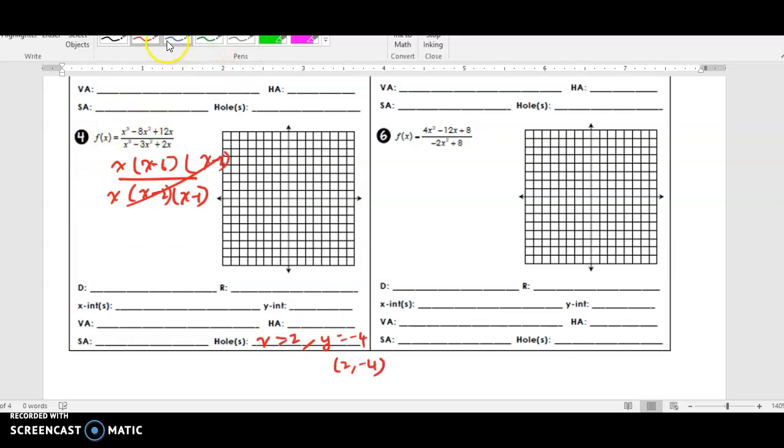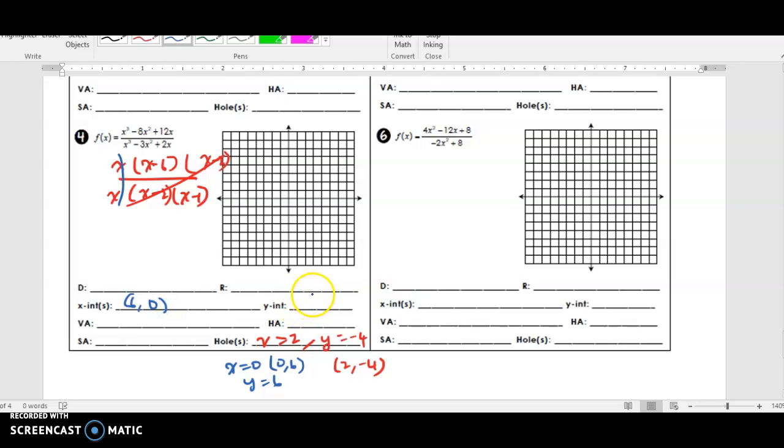There is x cancelling also over here. x is also cancelling, so there will be 2 holes. So at 0, the y value is 6, which is also the y-intercept. But there is no y-intercept in reality because there is a break in the graph at the y-intercept, right? So that's the special case here. So x-intercepts, if you see, it will be 6, 0, because that is the only thing left on the top.